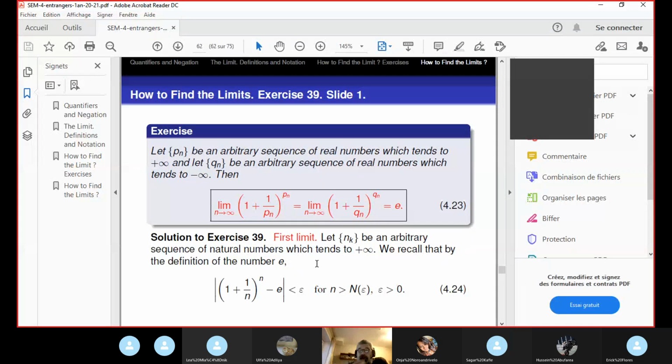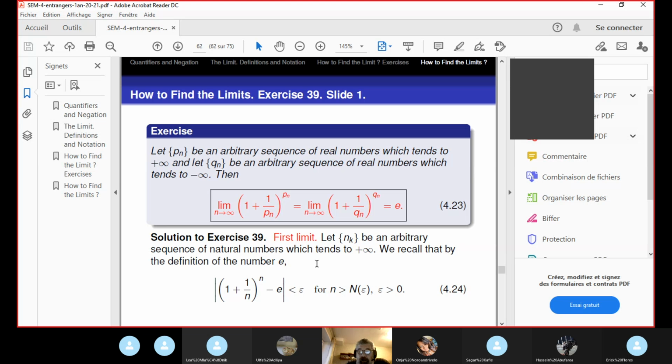which goes to plus infinity. By the definition of our irrational number e, the absolute value of the difference between (1 plus 1 over n) to the power n and e is evidently less than epsilon for some n greater than capital N of epsilon, for any positive epsilon.